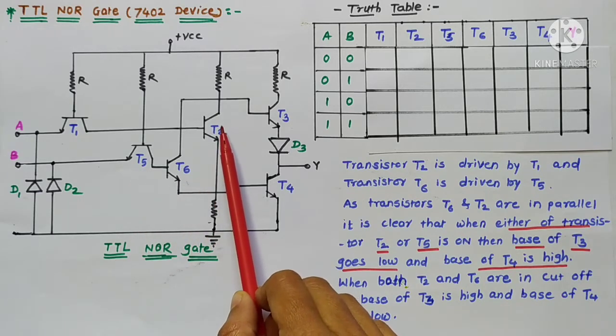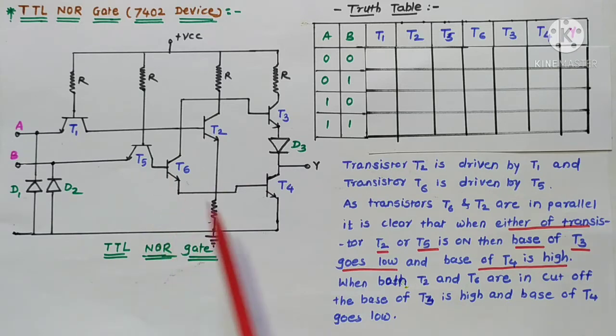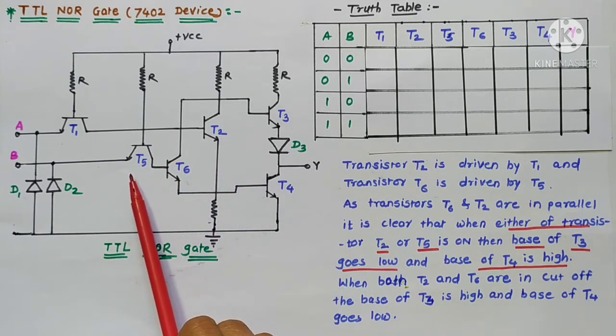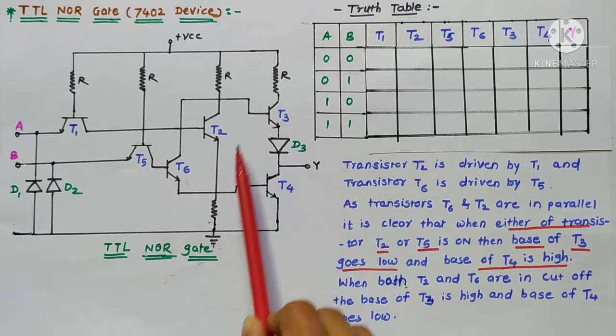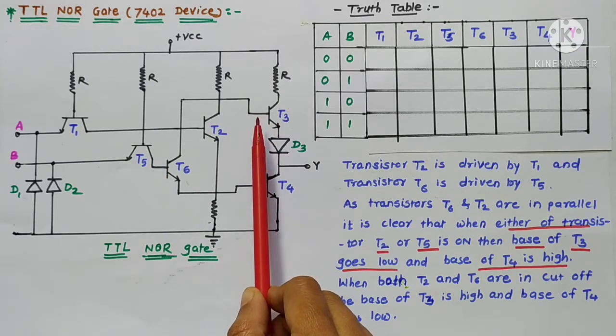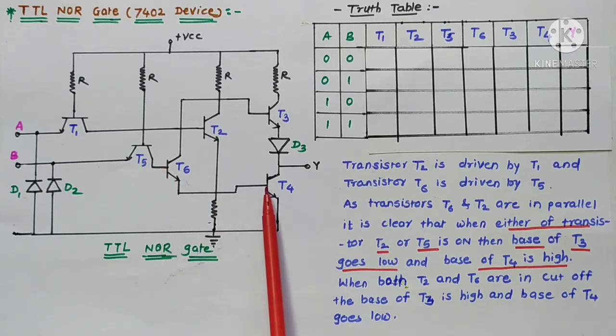And here transistors T2 and T6 are in parallel. That means when either transistor T2 or T6 is on, the base of transistor T3 goes low, and at the same time T4 is at high. Okay, students?